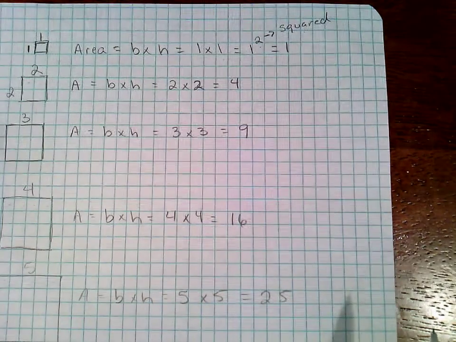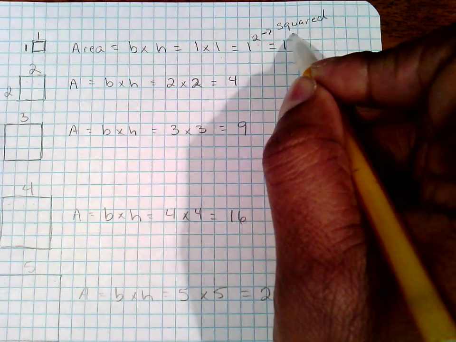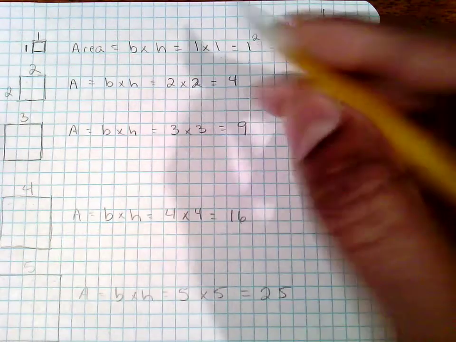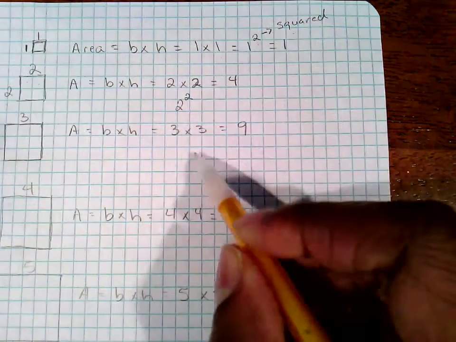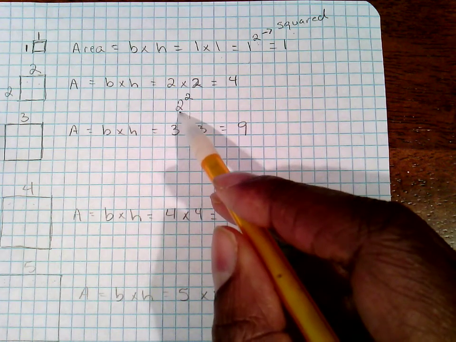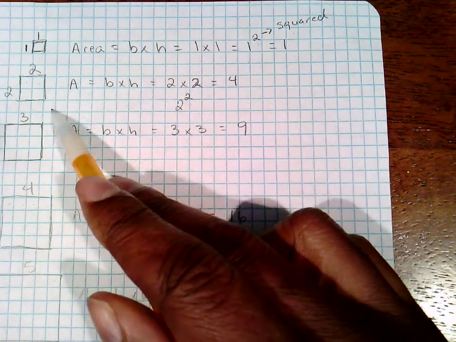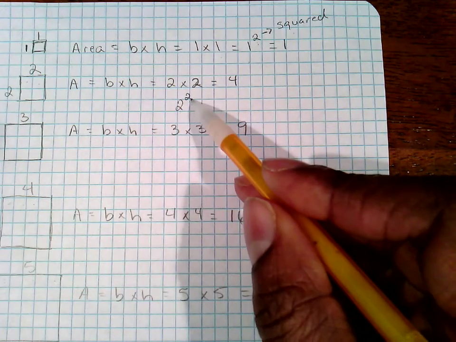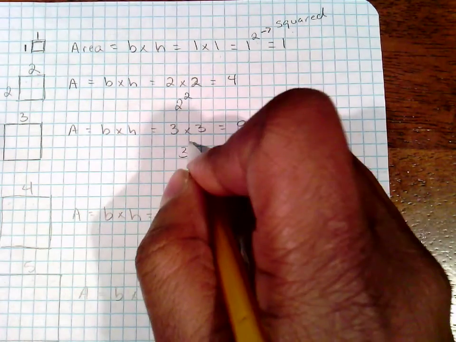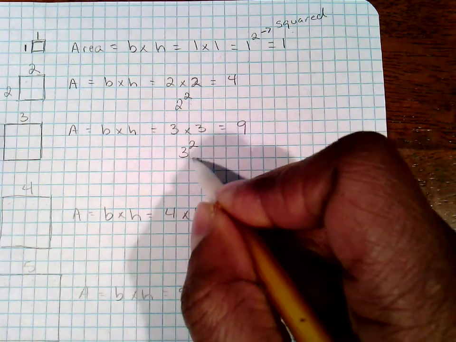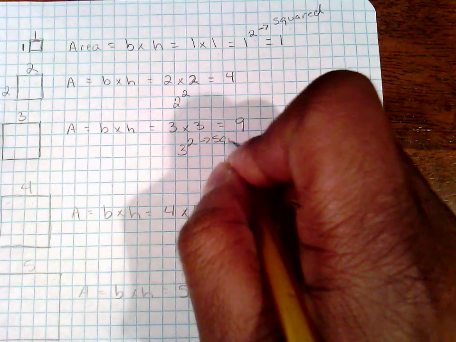So we can raise a number to the second power, we can call it that we're squaring it. Same thing with 2. We have 2 to the second power. So since 2 times 2 would create a perfect square, we would say 2 squared. And the same thing for 3 times 3, 3 to the second power, or 3 squared.